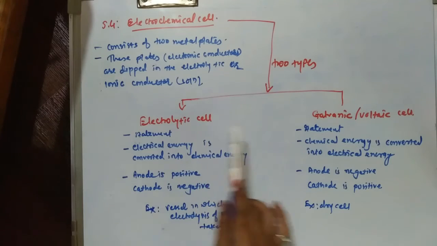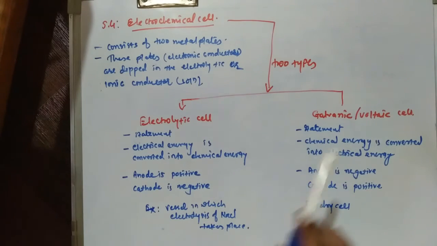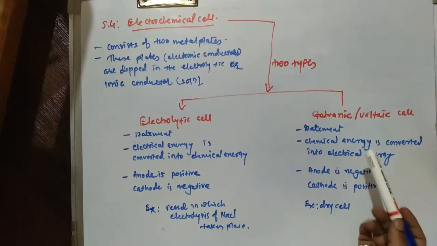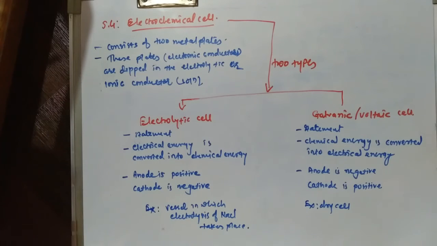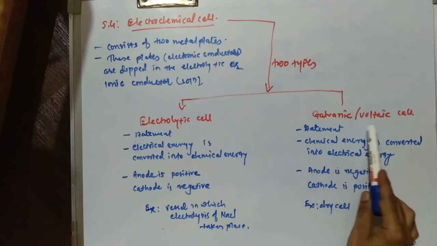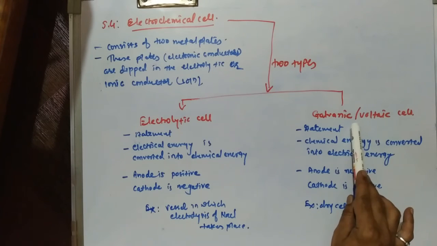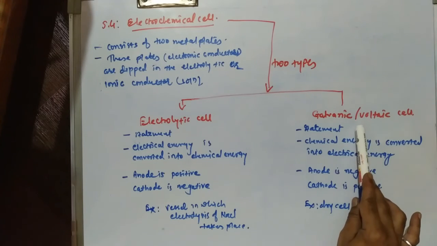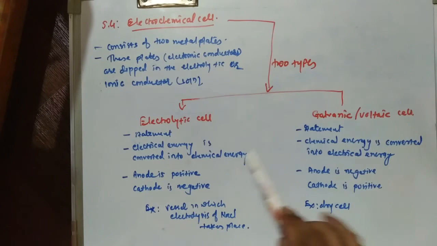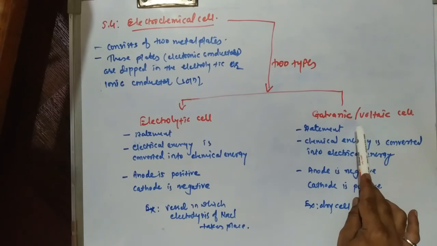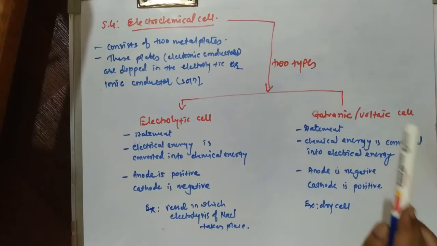Okay. Now what is a galvanic cell? A galvanic cell is a device or vessel in which electric current is generated from a spontaneous chemical reaction. So a galvanic cell is a cell in which the spontaneous reaction produces electric current, or electricity is generated from the spontaneous redox reaction.